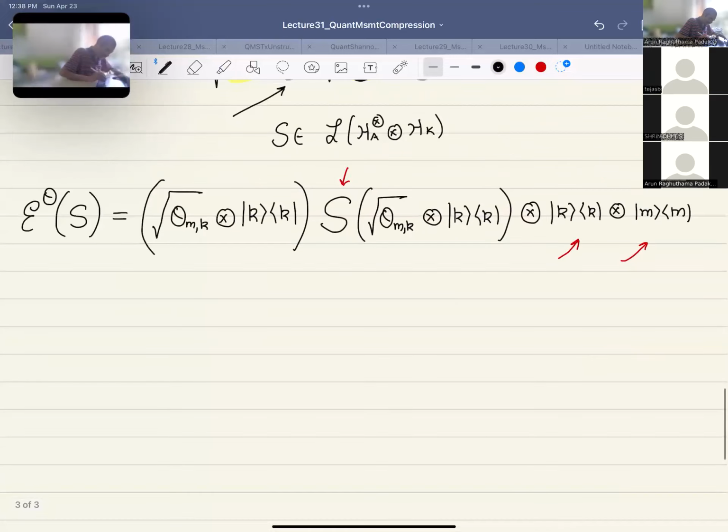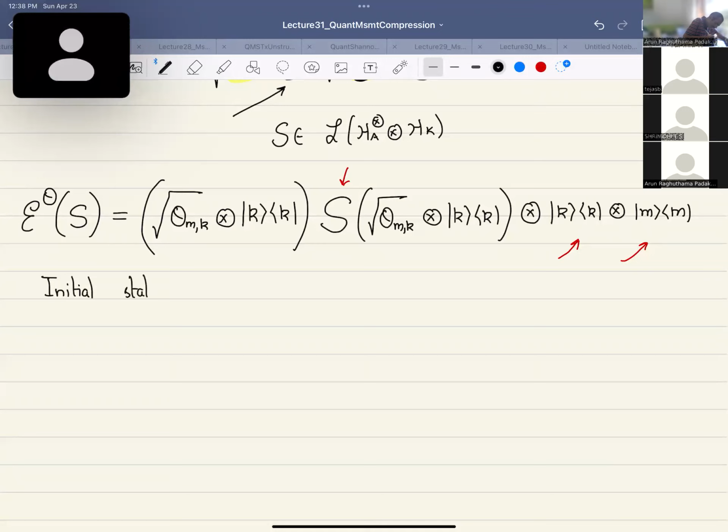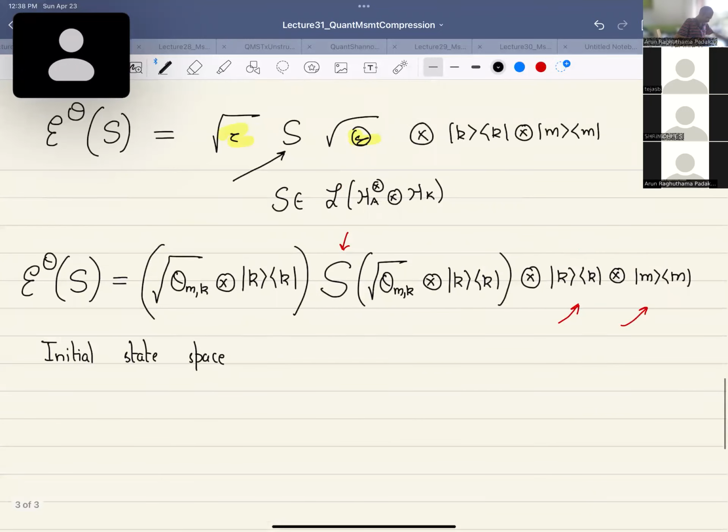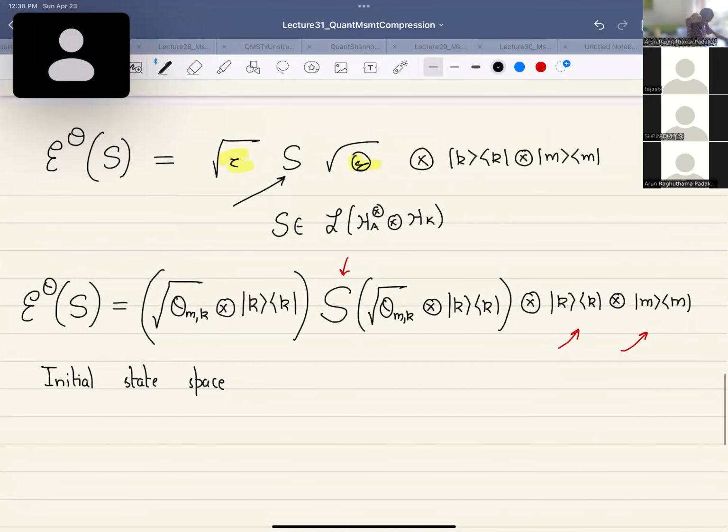So now let's start to write down the different elements of the protocol. So what is your initial state space? Can you just show me the definition of the theta once more? I'm just confused why there is a root theta mk tensor kk. I'll explain.